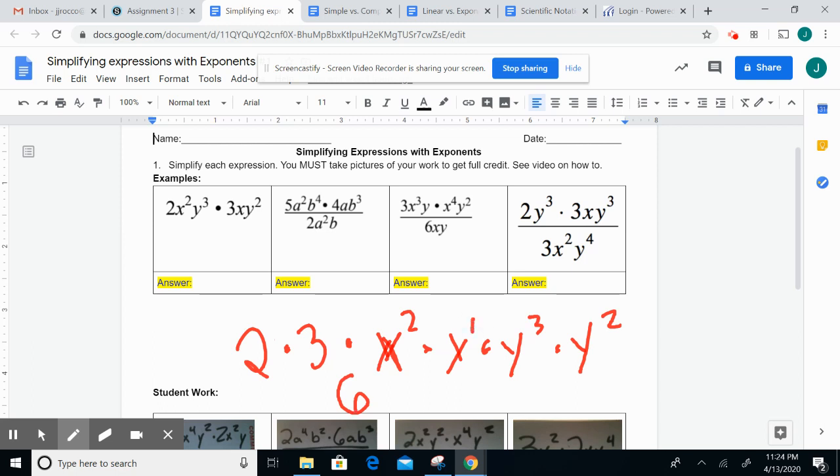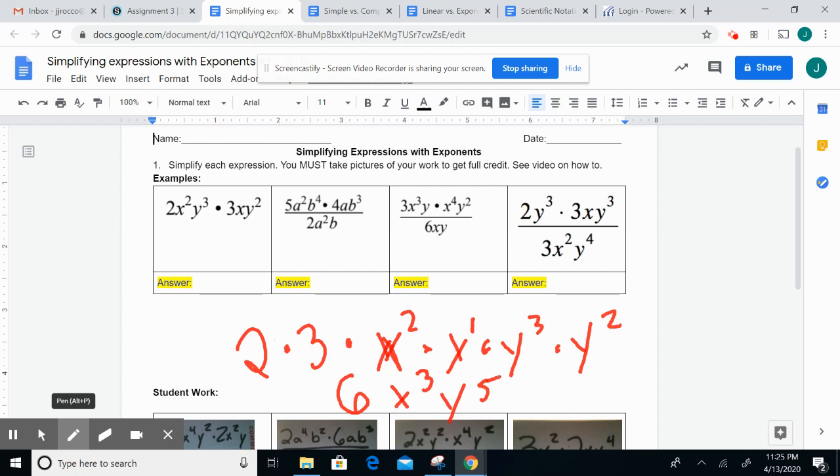And then this one doesn't have a 1, but for the exponent, we don't write it. It is 1. So how many x's is x to the third? Remember, when we multiply, we just add the exponents. Same thing with the y's. How many y's? There are 3 and 2. So in total, we have 5 y's. So the answer is 6, x to the third, y to the fifth.